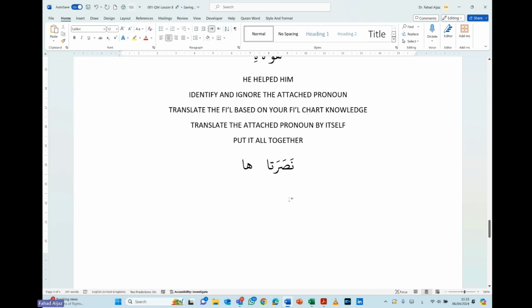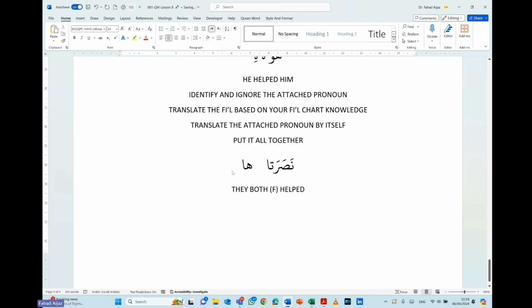So do you remember what Nasarata could translate to based on your fi'l chart knowledge? Thoughts? Them two female help. Yeah, it's two female. They both feminine helped. That's what it translates to. Now you translate the ha itself. You remember which attached form this is?